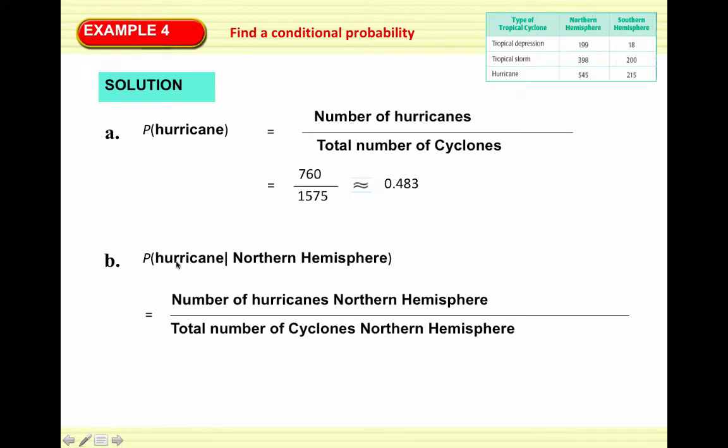And so this is the probability that we have a hurricane given that the cyclone is in the northern hemisphere. So we add 199 plus 398 plus 545, and we get 1,142. And so we have 545 over 1,142, and that is approximately 0.477.